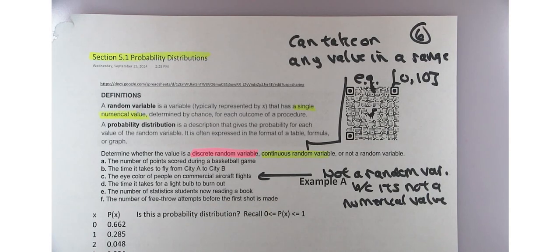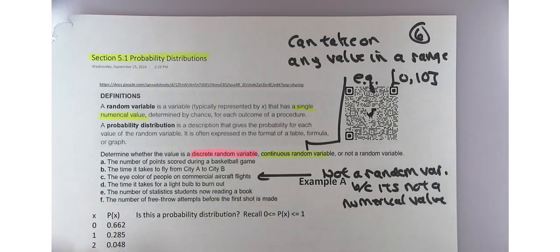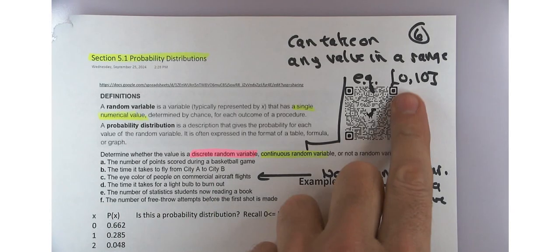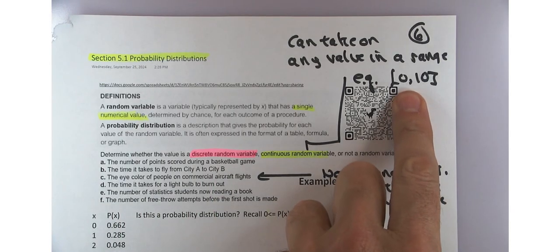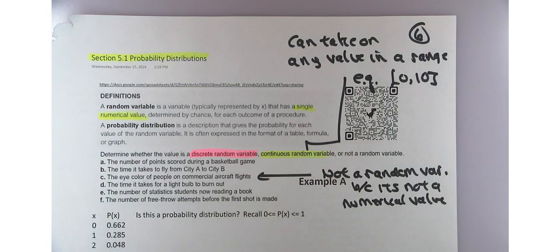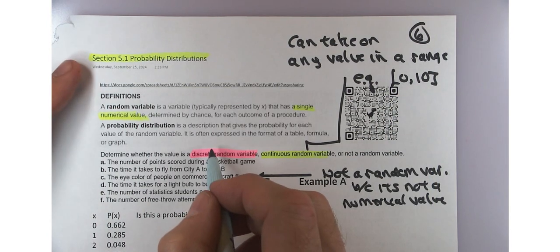A discrete random variable, typically these are things that you can count, so that it can't be just anything in an interval. This is things that you can count. You can't count the number of points in this interval. There's an infinite number of points. But with a discrete random variable, you can.